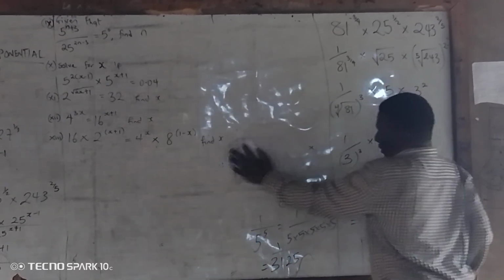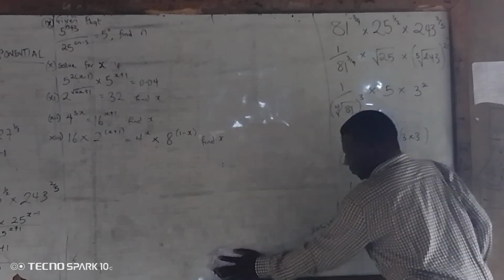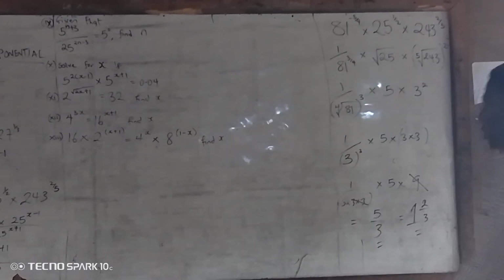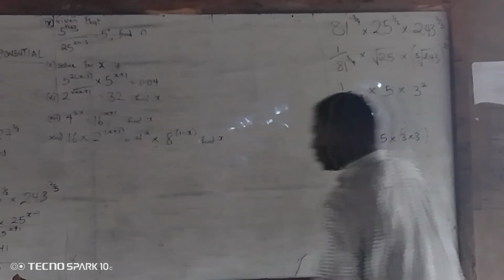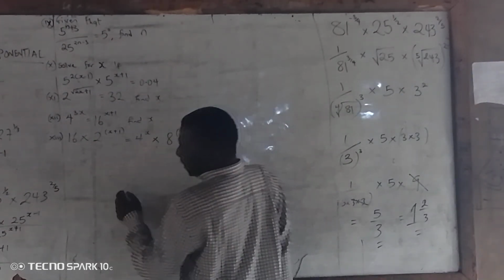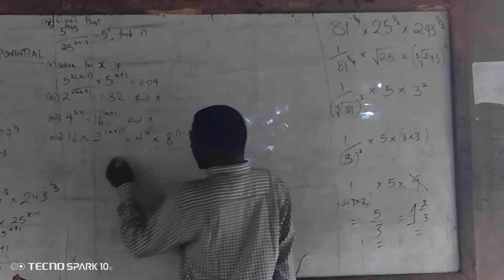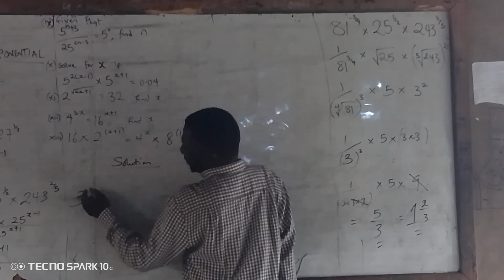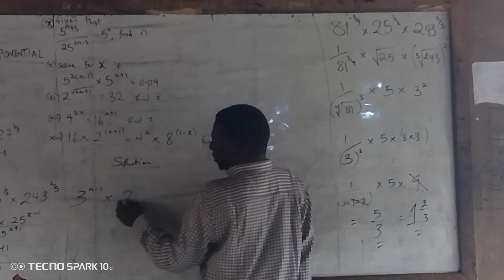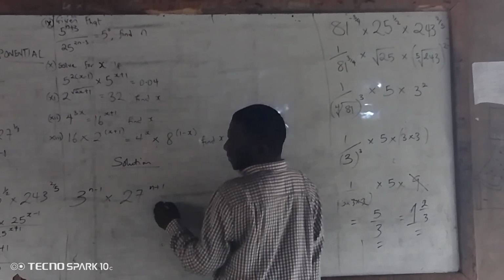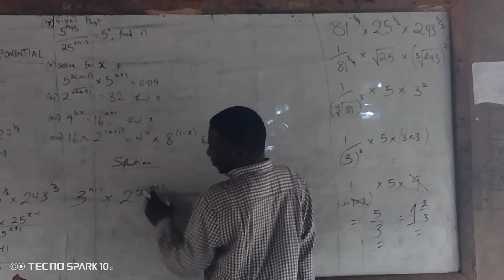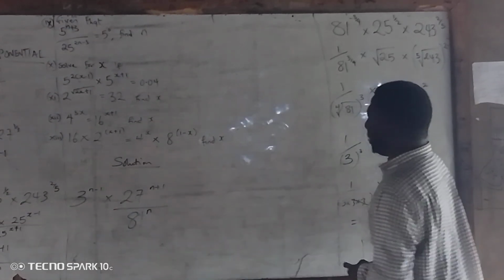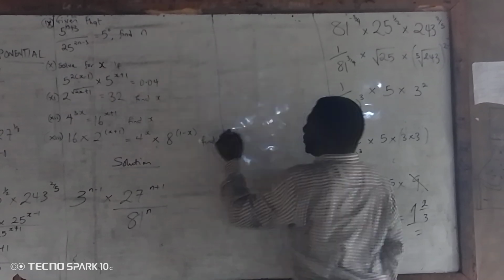The next question says that we should simplify 3^(n-1) times 27^(n+1) over 81^n. So we have to simplify this according to the question.